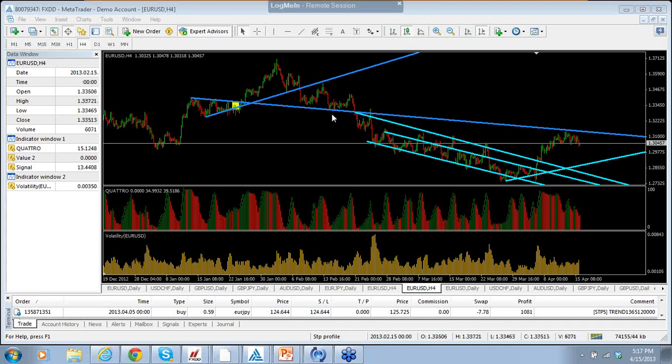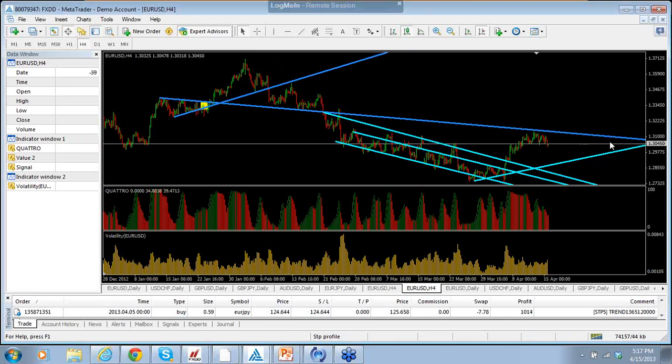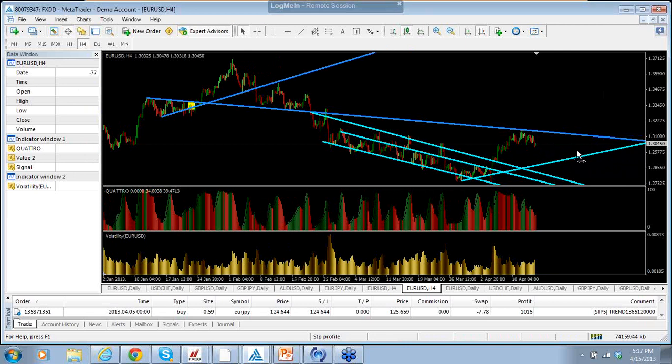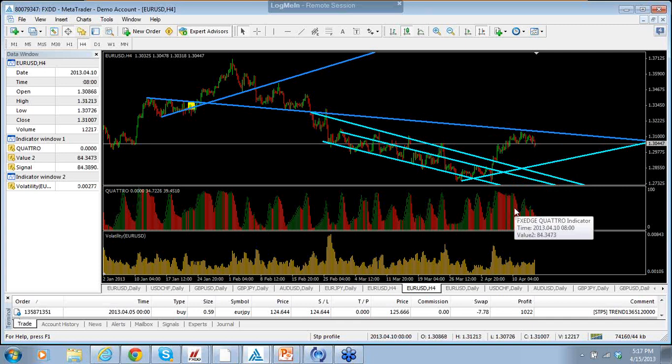You can see how many times that upper trend line has been used by the market as an area of support and now resistance. Price moves up to it and it actually falls off of that area as well. I would not be surprised if we saw price begin to use these two areas as potentially another bounce point in the flag. But we'll wait and see what happens here. We're definitely in a consolidation.